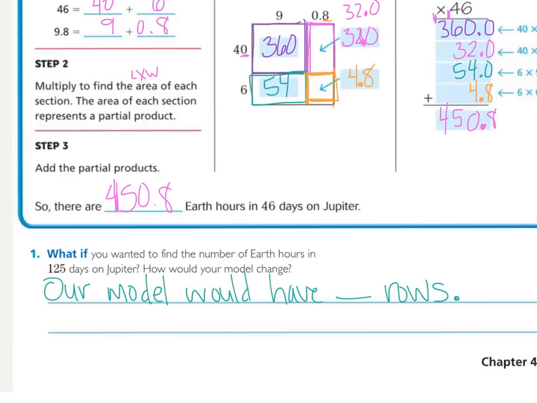How many rows would the model have at that point? Well, with it being a 3-digit number, we would have 3 rows, and your model would look like this. To where you have the 125 in expanded form, and then 9 and 8 tenths with your different squares to find the areas of.